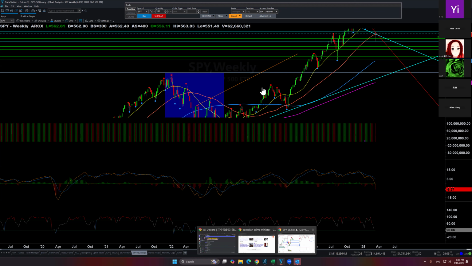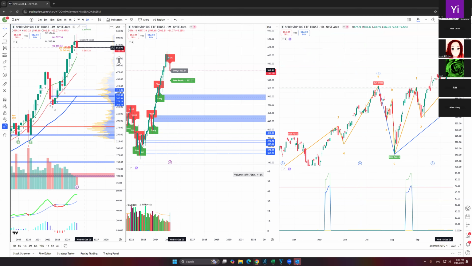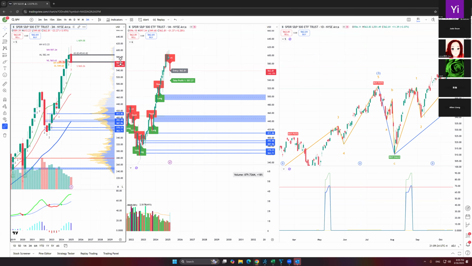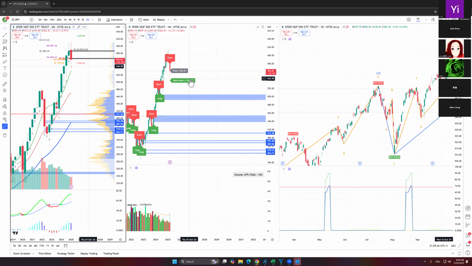Okay, so on the left-hand side you see this is a quarterly chart, right? We have quarters, 3 months. We have a quarterly breakdown, reversal down. And then monthly.